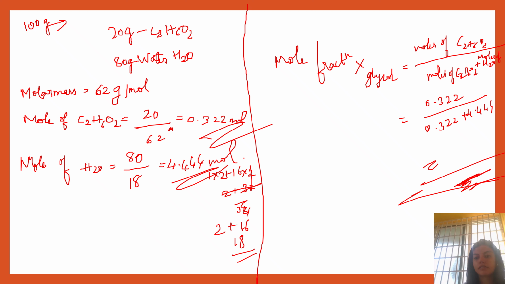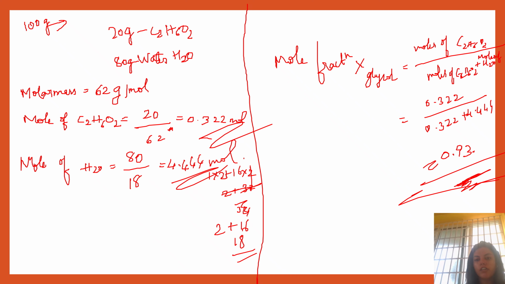We get 0.322 divided by 0.322 plus 4.443, which is equal to the answer you get by calculator. You'll get 0.932. It has no unit.